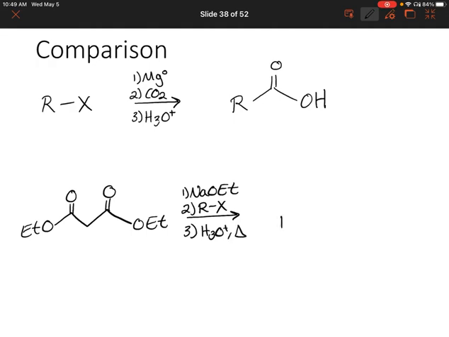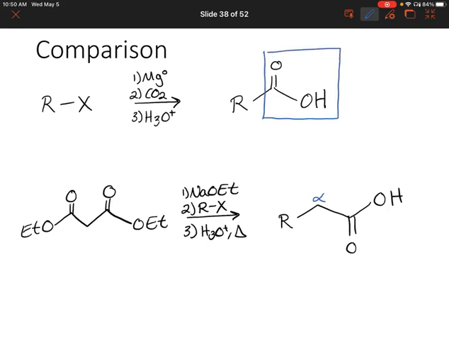And this is going to give us something pretty similar, except we're adding not only that carboxylic acid group, but also an extra CH2 group on top of that. So this alpha carbon here. Up above, we're just adding a carbon, 2 oxygens, and hydrogen. But down below, you can see that with malonic ester synthesis, we're adding 2 carbons, 2 oxygens, and a hydrogen.